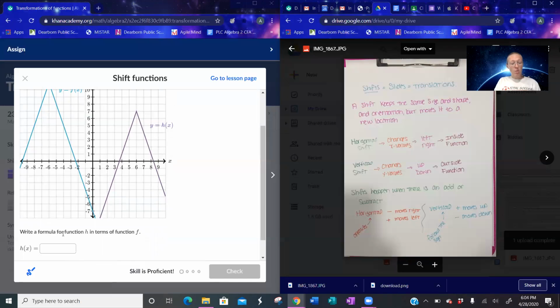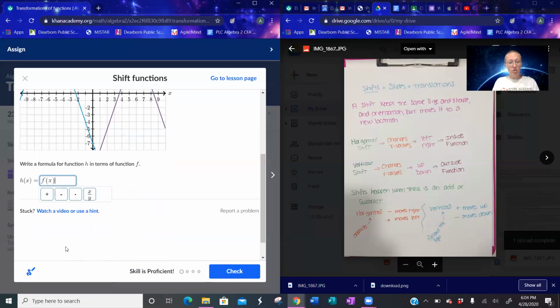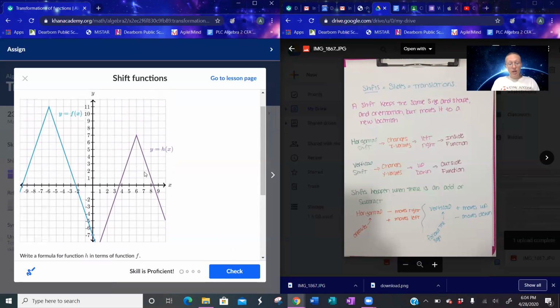They want us to write the formula for h in terms of f. Now we know that the function was just f of x. So let's write in f of x. Nothing different there. Now, this is not a guessing game. It's really not. We want to find an important point that is the same point on each graph, and we want to see how it moves.